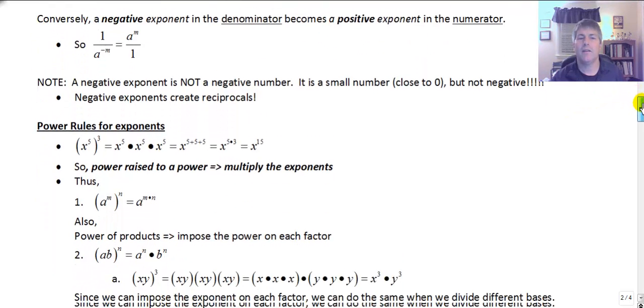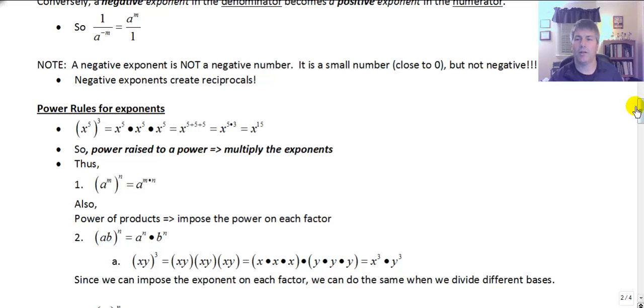Let's move on to the power rules for exponents. We can use what we learned about our earlier rules of exponents and apply that. So here we have x to the 5th to the 3rd power, which means we have x to the 5th times x to the 5th times x to the 5th. So if we add that up, that'd be x to the 5 plus 5 plus 5.